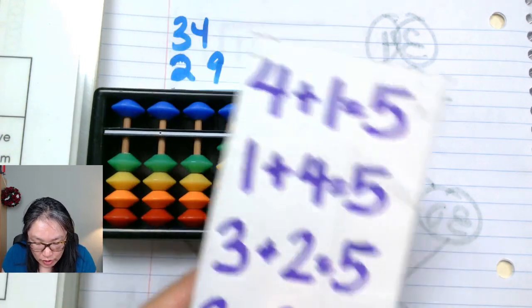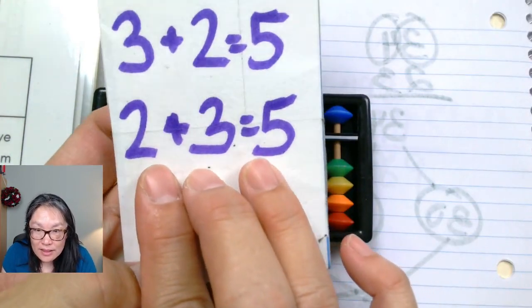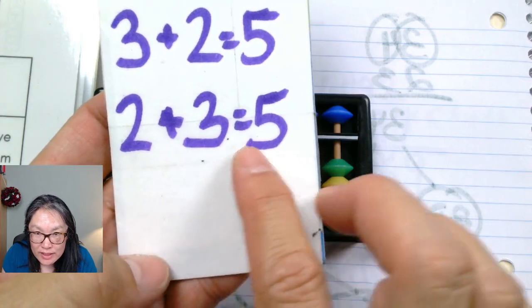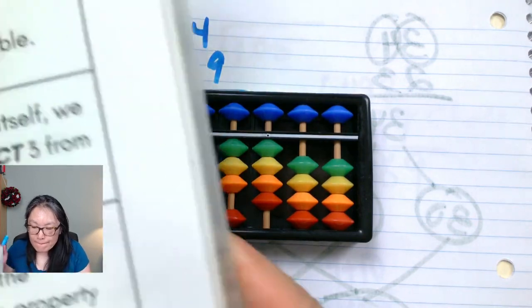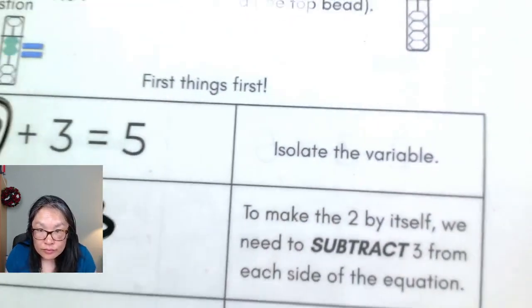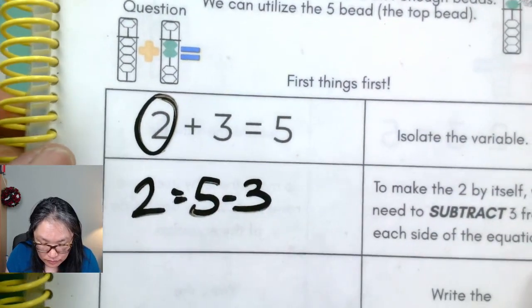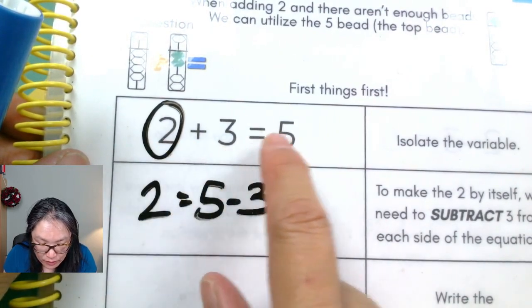And so what we're going to do is we want to add the 2. To add the 2, we know this concept. 2 plus 3 is equal to 5. But in Abacus world, you need modifications. Modify. So we have 2 plus 3 is equal to 5.